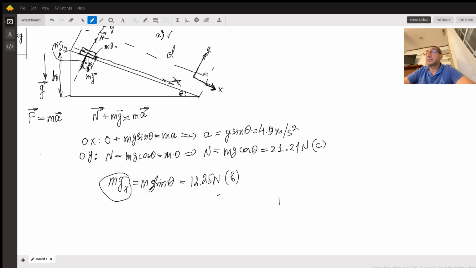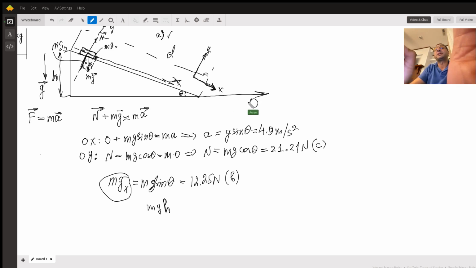If we write conservation of energy, it will be mgh, because in the beginning the object has potential energy, since we consider this our zero level, which will be equal to, in the end, when the block reaches the bottom, only kinetic energy.